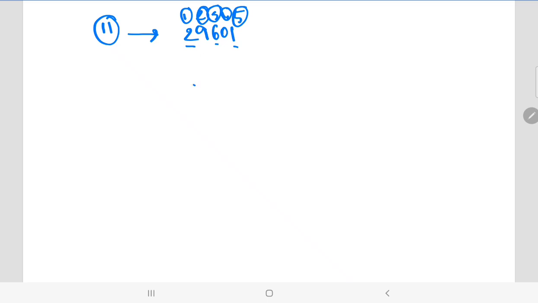So the first one 2 plus, here we have 6, plus in the 5th place we have 1. So 2 plus 6 plus 1 is 9. Coming to the sum in the even places, you have to take 2 and 4 because they are even numbers. In the second place we have 9.